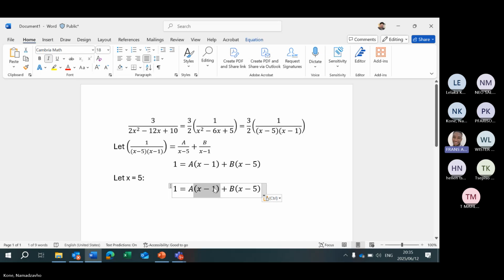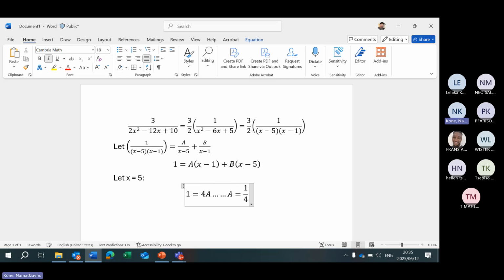So this becomes 4a. Then this becomes a 0 because 5 minus 5 is a 0, right? Then it means that indeed a is 1 over 4. So those that have given a as 1 over 4, they were right.